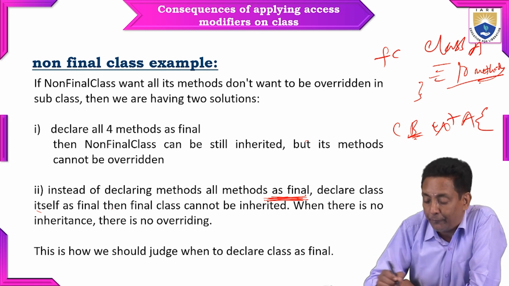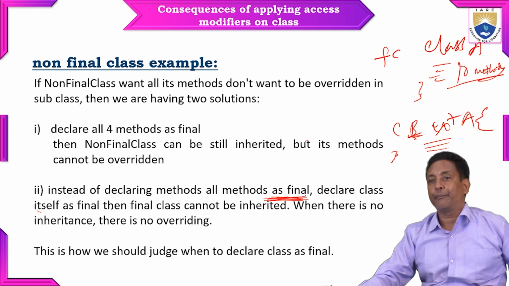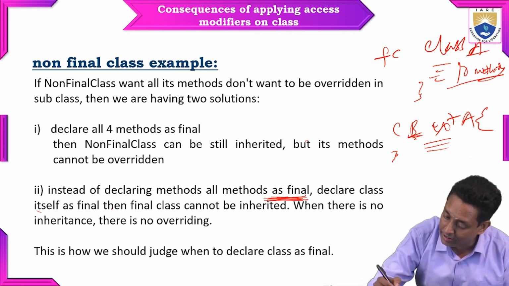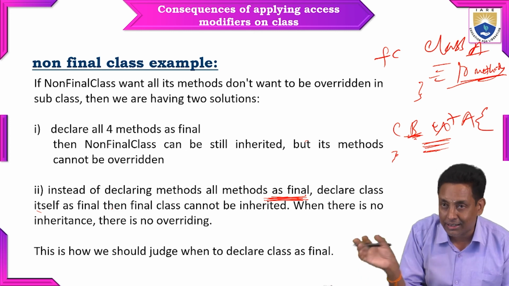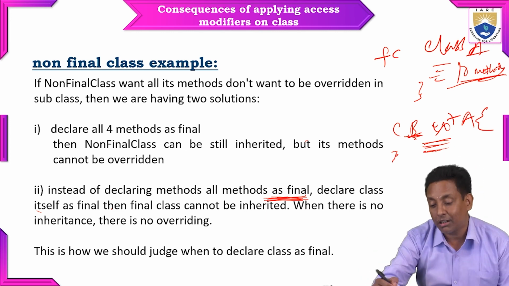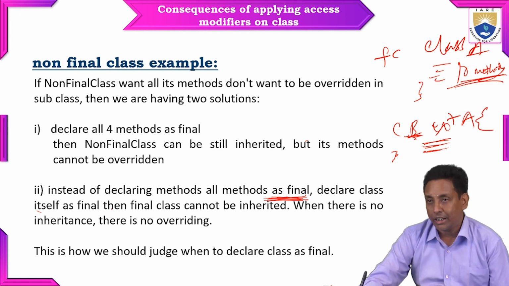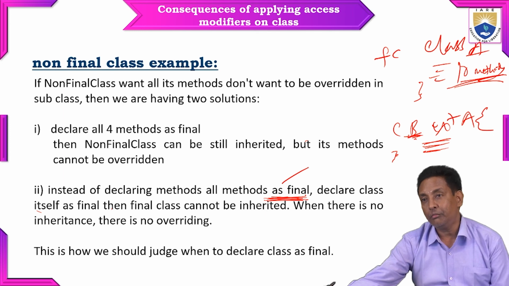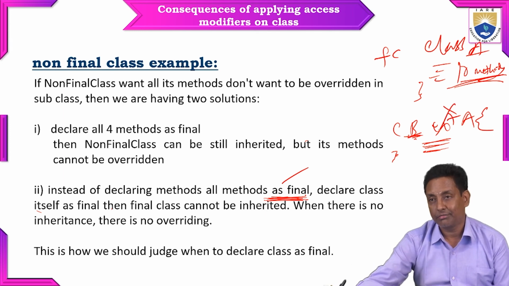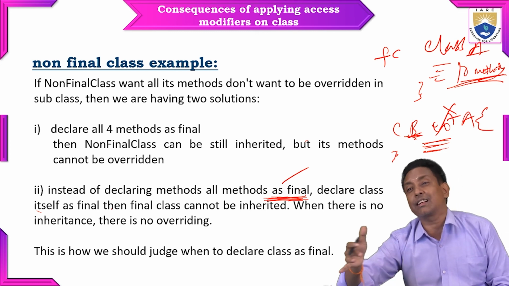But B still wants to provide some extra methods in the subclass. In addition to class A's methods, class B wants to add extra methods, but none of the already implemented methods should change. If you declare the class as final, you lose inheritance, and your class functionality cannot be extended.